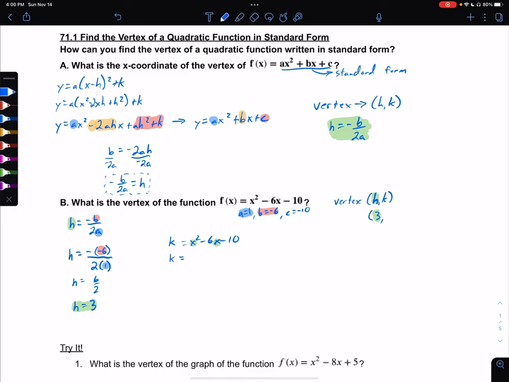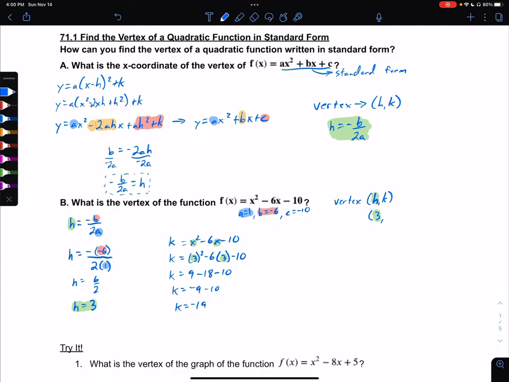So k would be equal to 3 squared minus 6 times 3 minus 10. So k is equal to 9 minus 18 minus 10. And if we work all this out, k would be equal to negative 19.